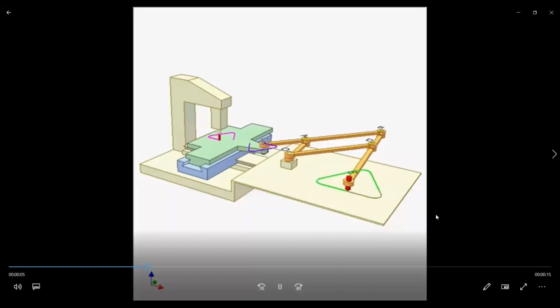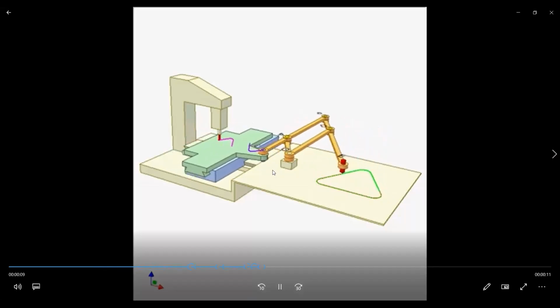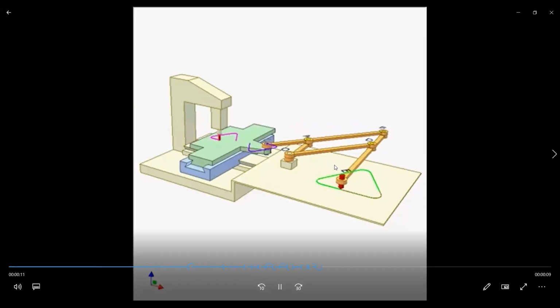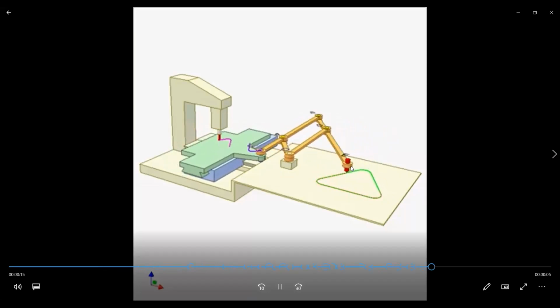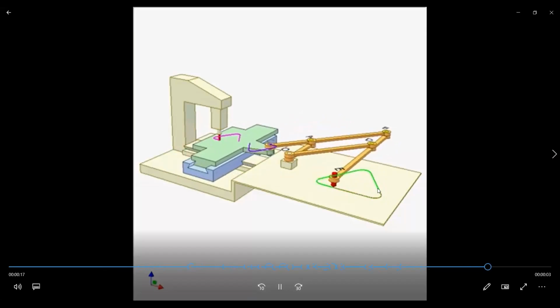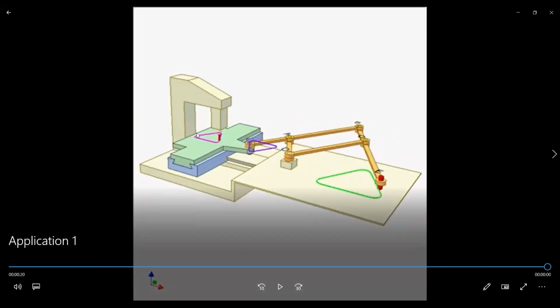So see, you are controlling this point, and the same figure will be copied here. It is also used in machine tools in order to guide the cutting tool in a particular path.